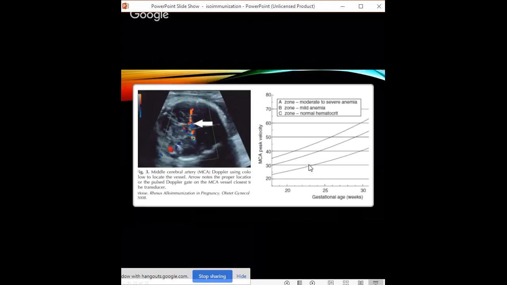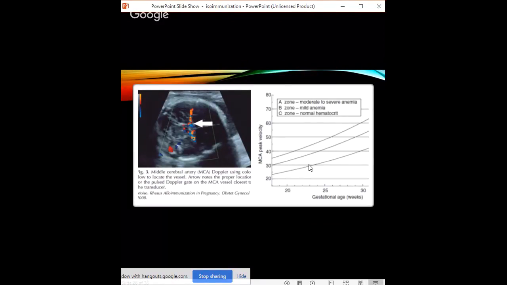So yes, you're measuring the peak systolic velocity, PSV, because systolic velocity is going to be the fastest. So PSV in the MCA is what you're measuring. As you go along the gestation, on this graph the middle line is the median, and then you have upper and lower quartiles.